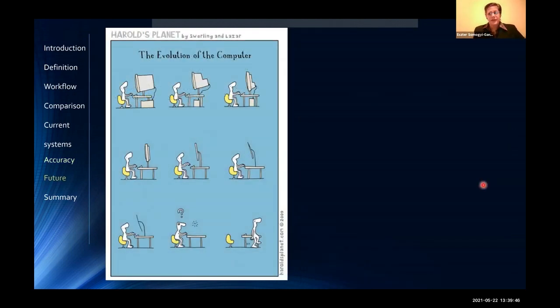So having said all this, if we think of the evolution of the computer, first we had really big computers, then a bit smaller computers, then came the flat screens, and eventually we are at the point where things are slowly disappearing and being really miniaturized. And when it comes to dentistry, that will come with probably virtual or augmented reality.